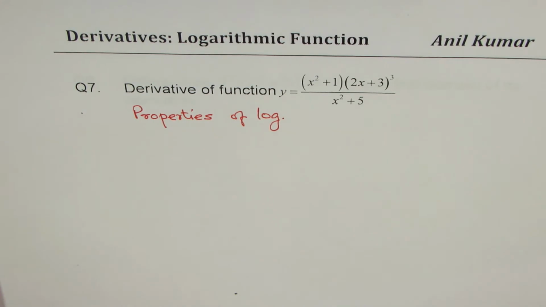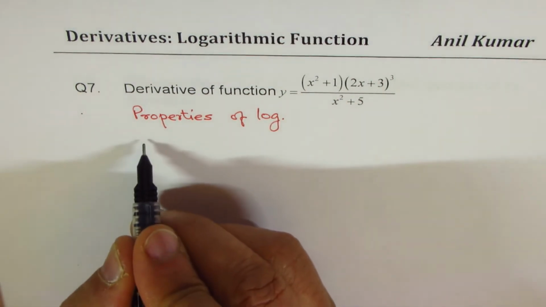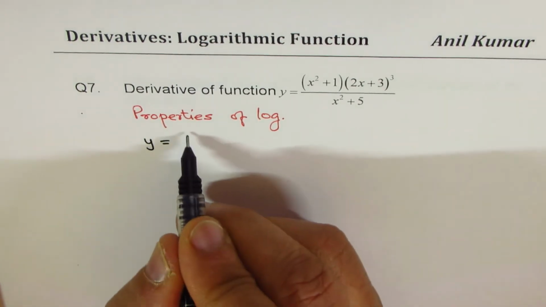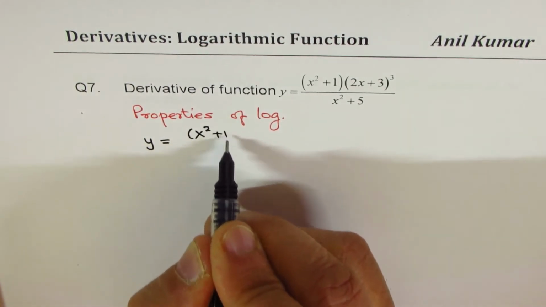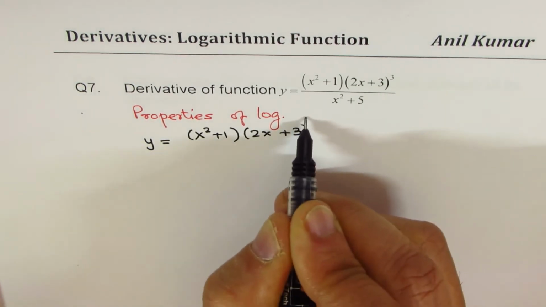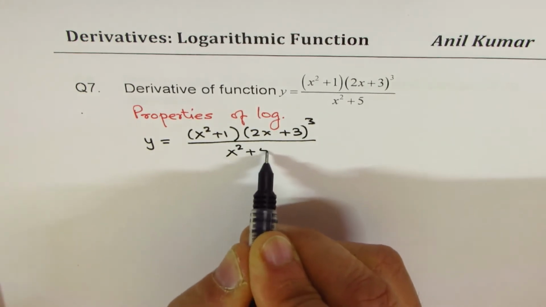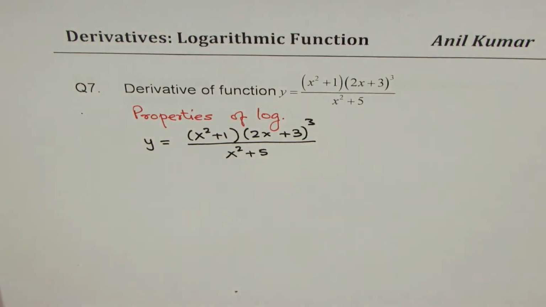Let us see how it really helps to simplify the whole thing. We are given y equals (x squared plus 1) times (2x plus 3) whole cube divided by (x squared plus 5). Now see what happens if I take natural log both sides.